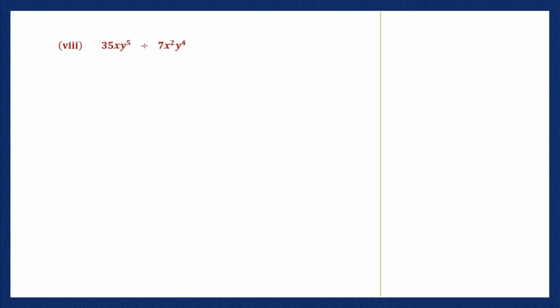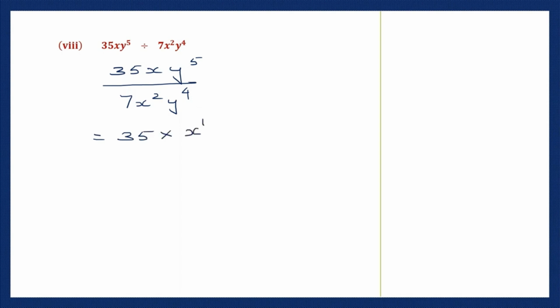Next question. We have 35xy to the power of 5 divided by 7x square y square. So let's write down 35xy to the power of 5 divided by 7x square y to the power of 4. So this will be 35 into x.